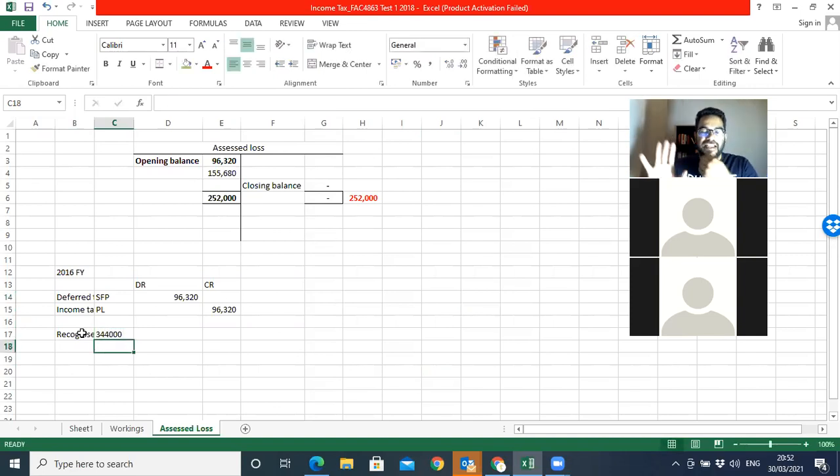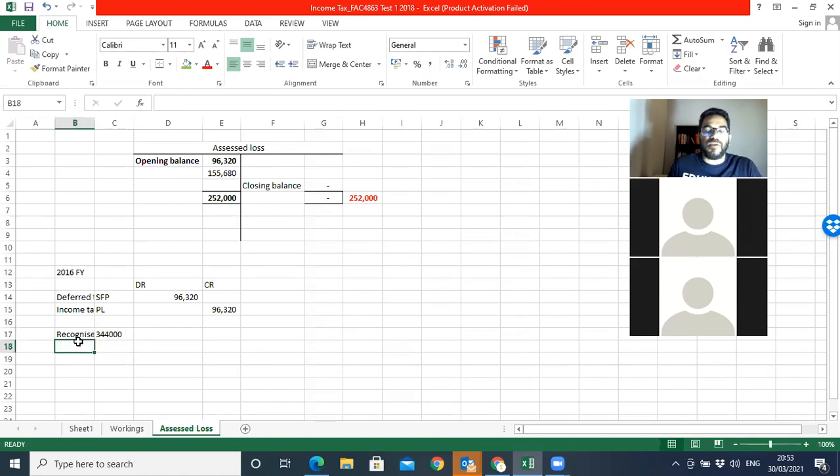Remember, I have 900,000 in 2016, but I couldn't recognize anything because there's no sufficient future taxable income. So therefore, I can only recognize 0. But before I recognize 0, I need to have a look whether there is a deferred tax liability. There was a deferred tax liability that had a temporary difference of 344,000. So therefore, I can limit my deferred tax asset to a temporary difference of 344,000. But remember, we always take it at 28%. I'm just talking at the 100% level now.